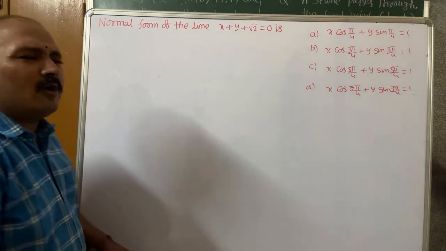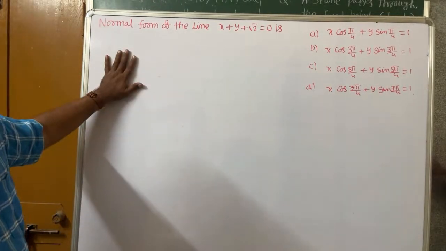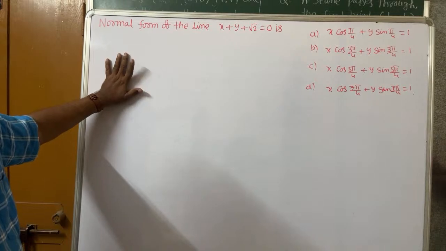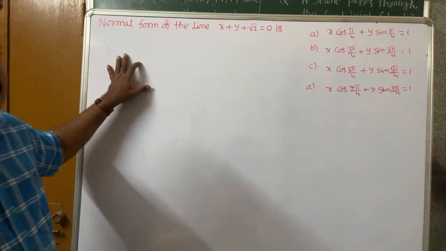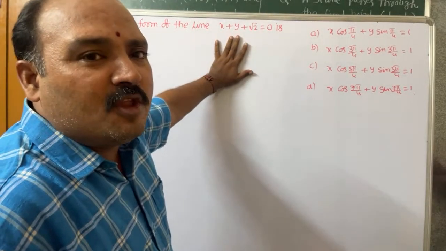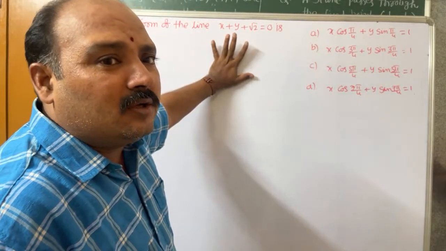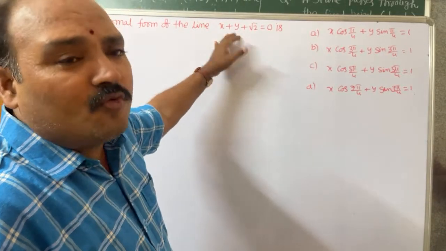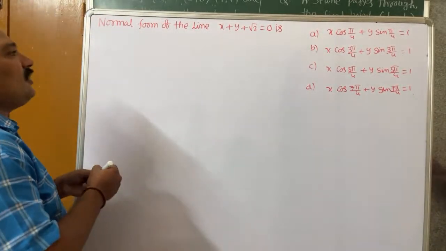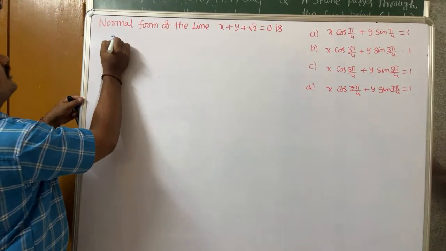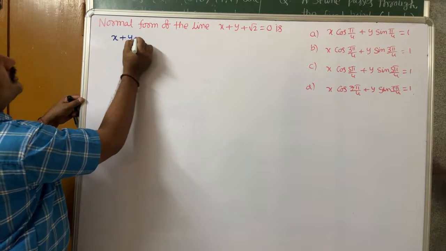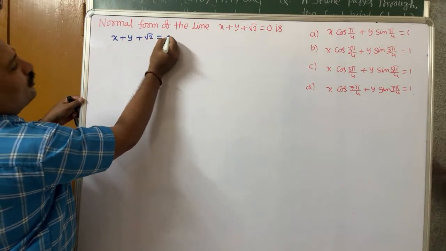A normal form, everyone knows about a normal form of the straight line, x cos alpha plus y sin alpha equal to p. But the thing is, you need to bring it into the normal form from the given question. See here, the given question is x plus y plus root 2 equal to 0.